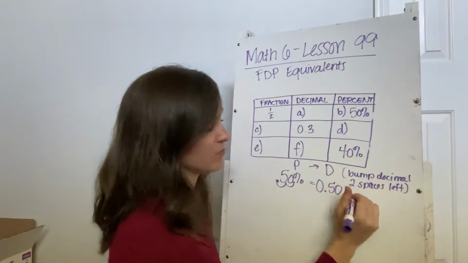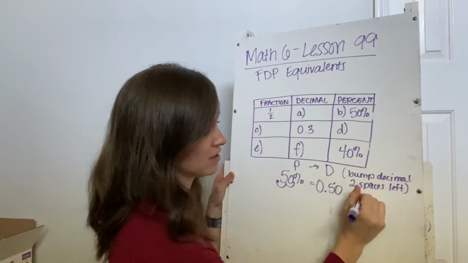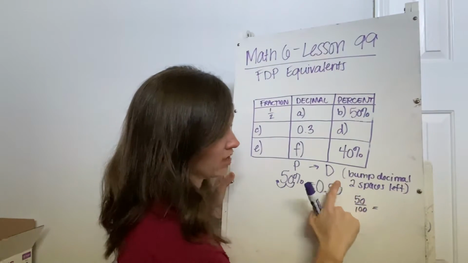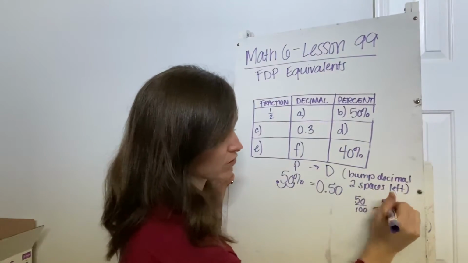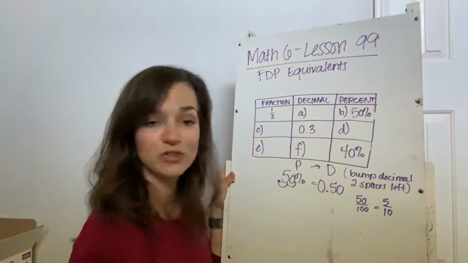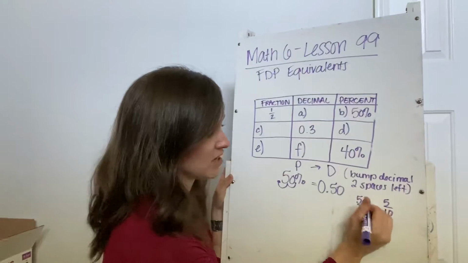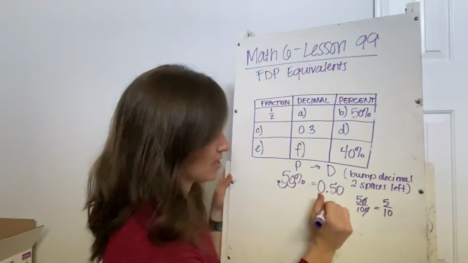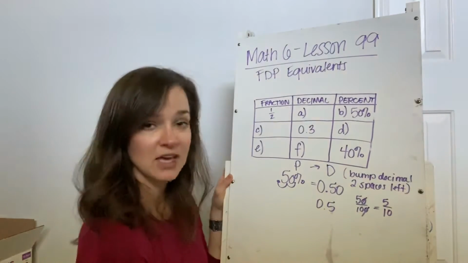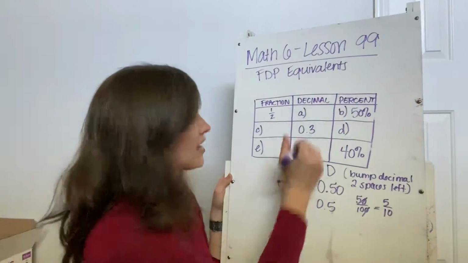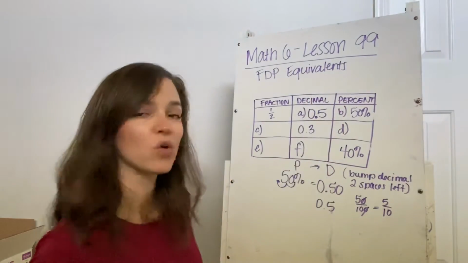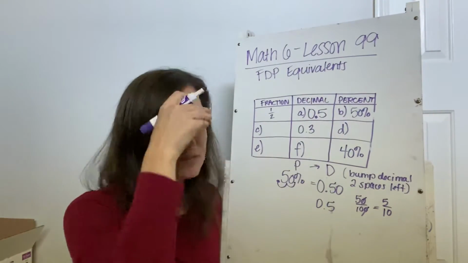This would read as 50 hundredths, or if we got rid of the 0, it would read 5 tenths. Well, those are actually equivalent. So 50 hundredths is the same thing as 5 tenths. So we can write it as 5 tenths, and that is the same value. We're going to write our decimal as 0.5 or 5 tenths, and that would technically be simplest form.